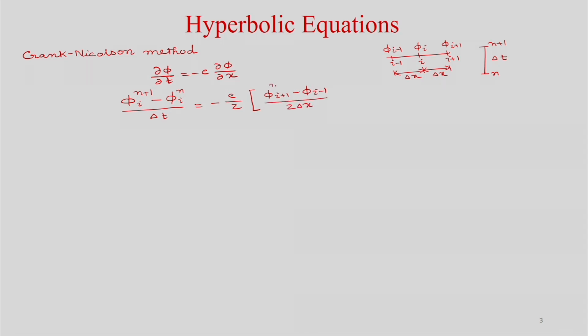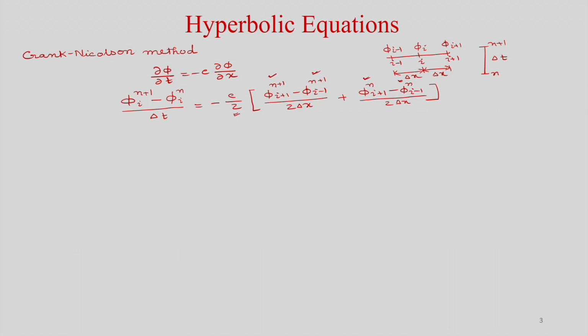You can take this at the n plus 1 level, and another you can take (phi I plus 1 minus phi I minus 1) divided by 2 delta x at time level n. So, you can see this is your n plus 1 level and this is your nth level. An average of this we are taking, so half we have written here. So, this is the Crank-Nicolson method.